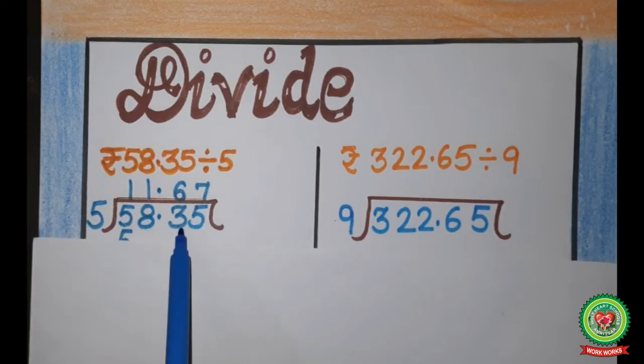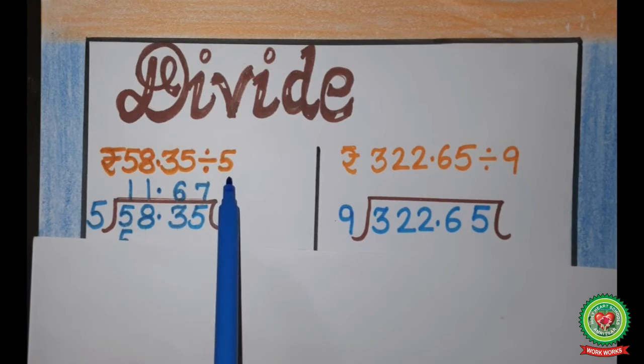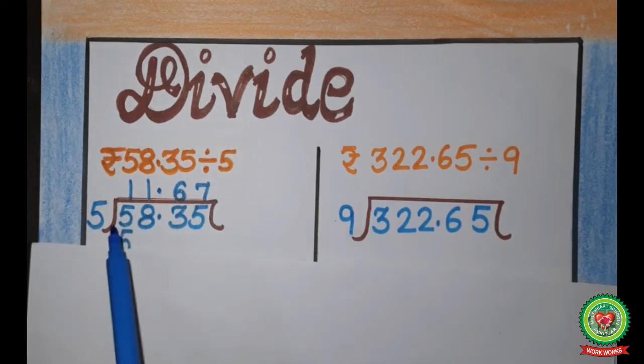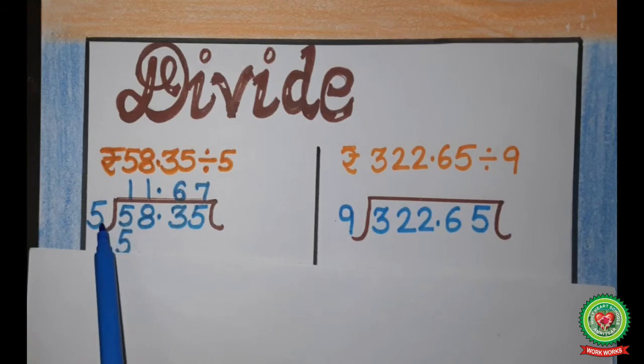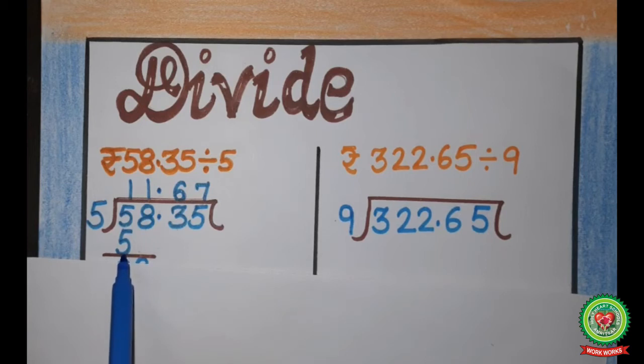So it will come under the divide sign and 5 will become divisor. So it will come outside the divide sign. Now first of all, on 5 table 5 comes or not? Yes, it comes and it comes on 1. 5 ones are 5. So below 5 I will write down 5.